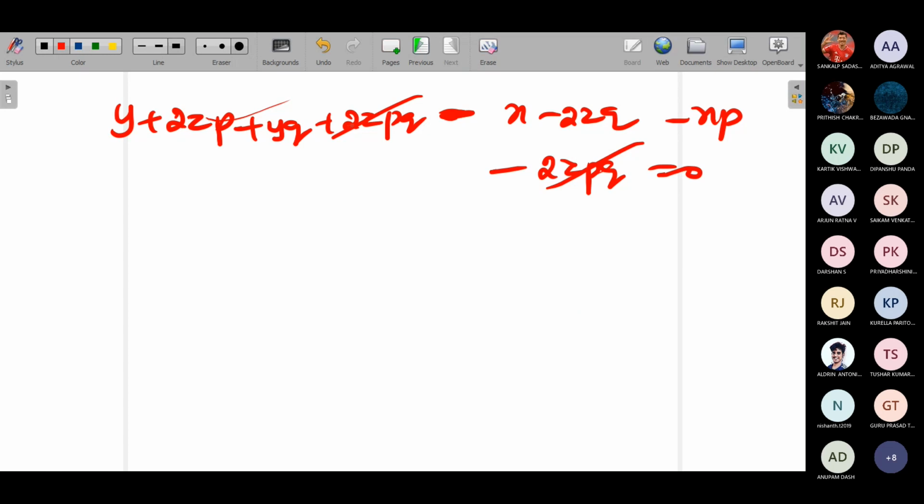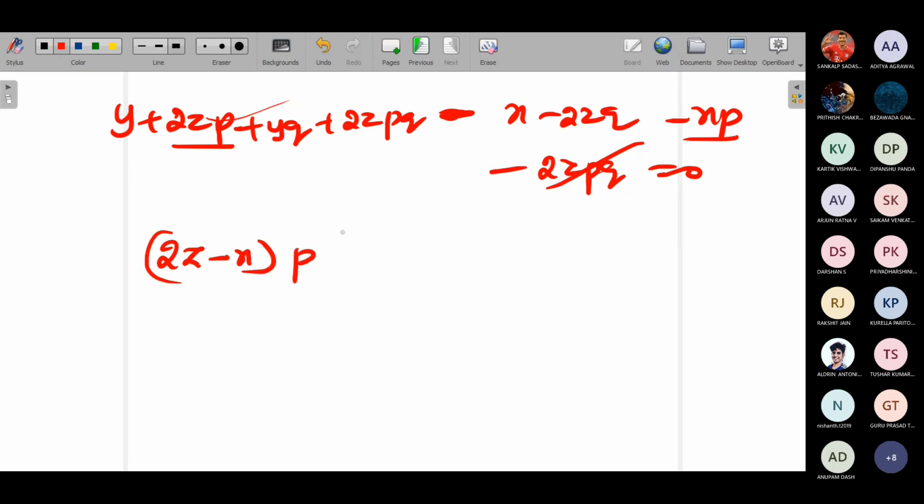Now you can take some common terms. Taking p outside from these terms, I can write it as 2z minus x into p.